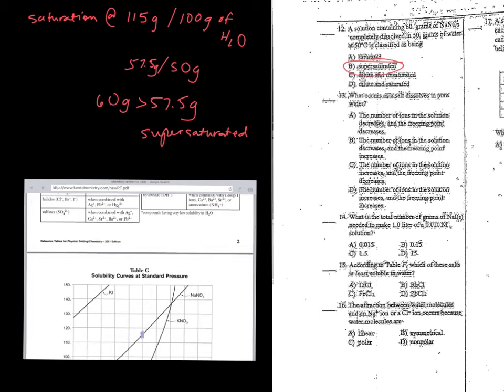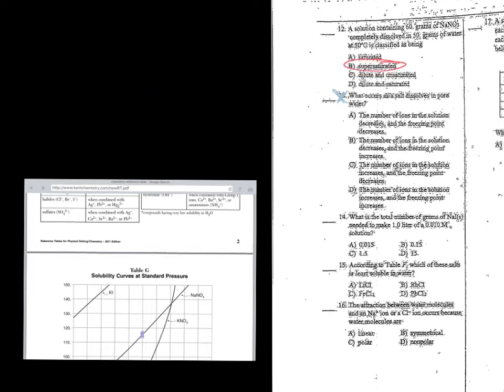Now let's move on to number 14 because I told you guys to skip 13. Number 14 was total number of grams of NaI needed to make 1 liter of a 0.01 molar solution. So our molarity is equal to the number of moles of solute over the volume of 1 liter. So here, the number of moles equals 0.01 times 1, which is 0.01 moles.